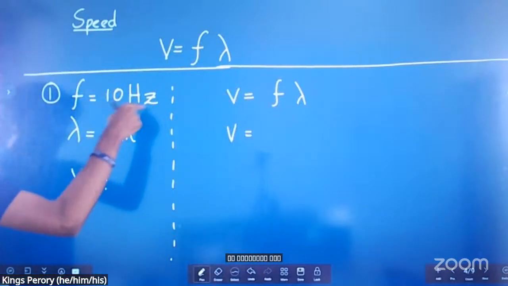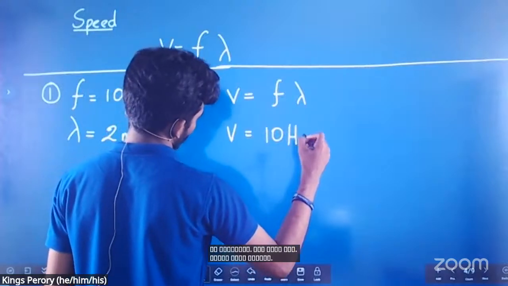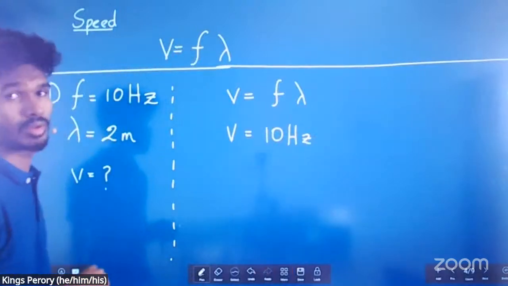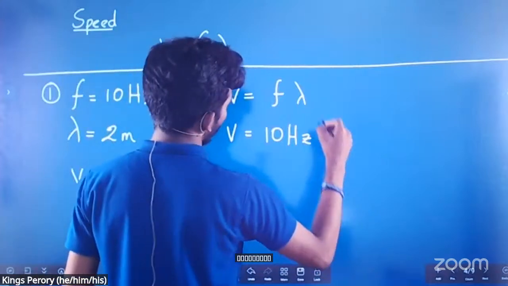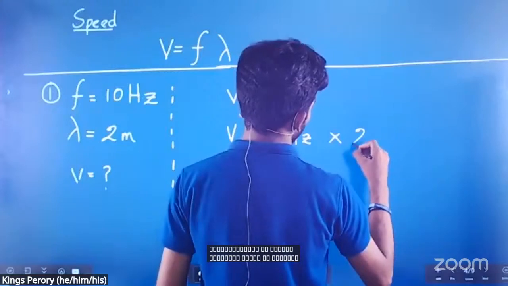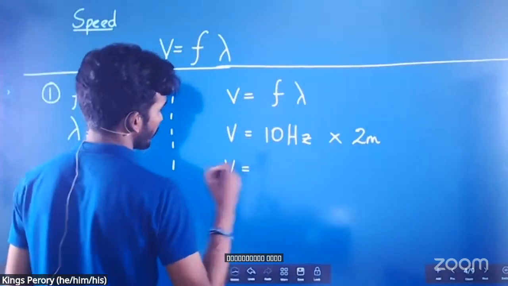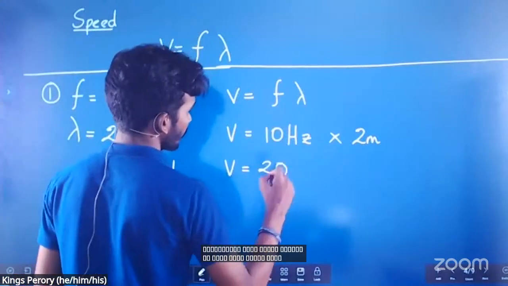F is given, 10 hertz, multiplied by lambda, wavelength, 2 meters. 10 multiplied by 2, 20.